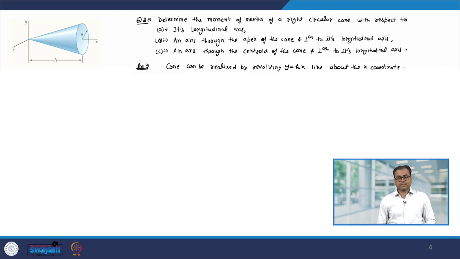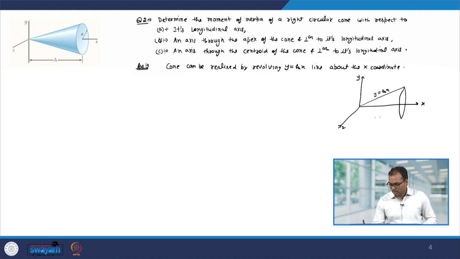So, for example, I have the axes x and y, and if I have the y equal to kx line and you rotate it about the x axis, then you get the cone. So you have the x axis, the y axis and the z axis, you have a line, let us say y equal to kx, you rotate it about the x axis and you will get this cone.